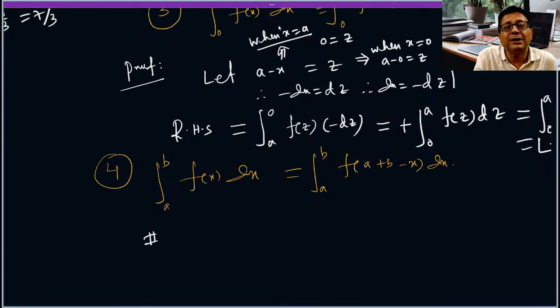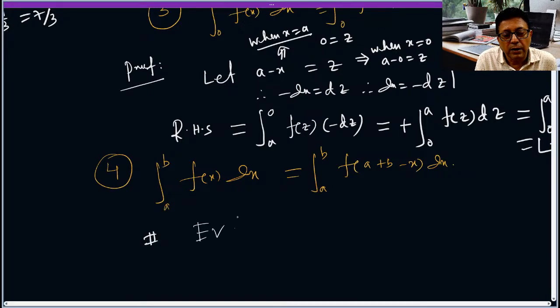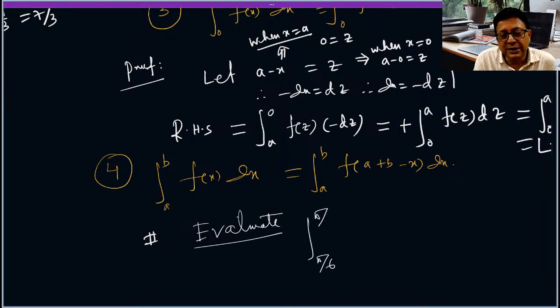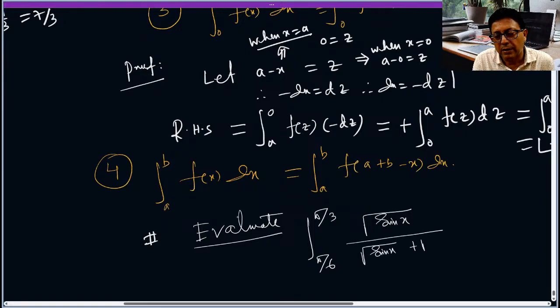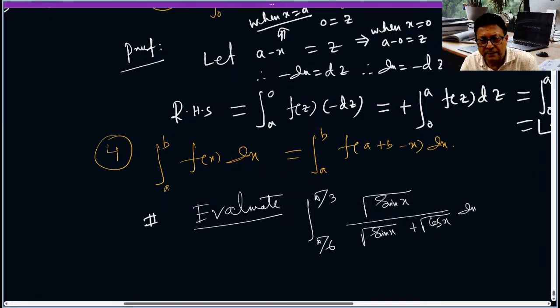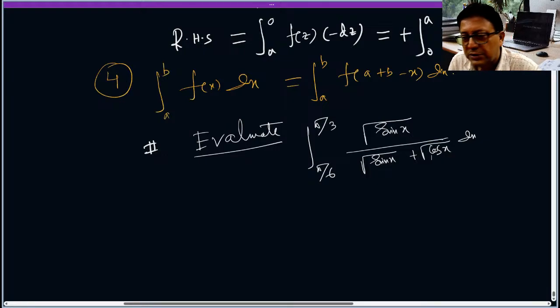Just suppose you are to evaluate the integral from π/6 to π/3 of root sin x by root sin x plus root cos x. Okay, see how to answer this.